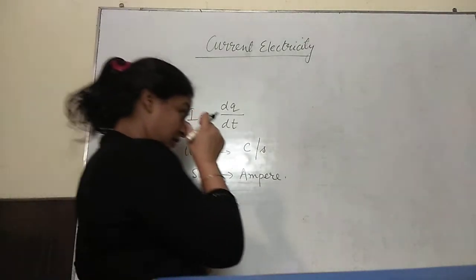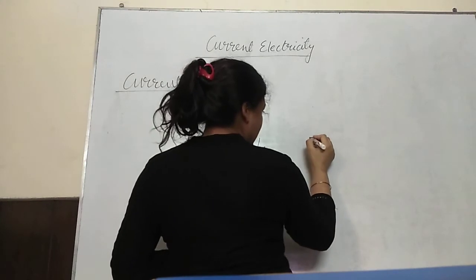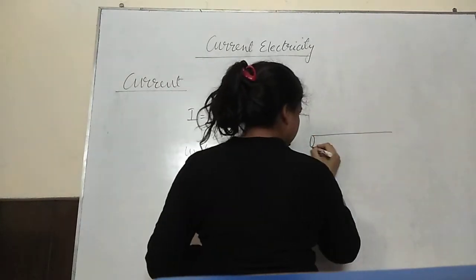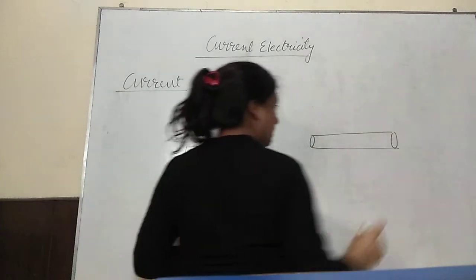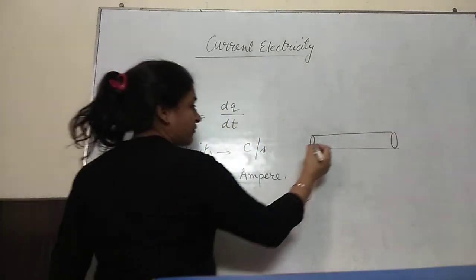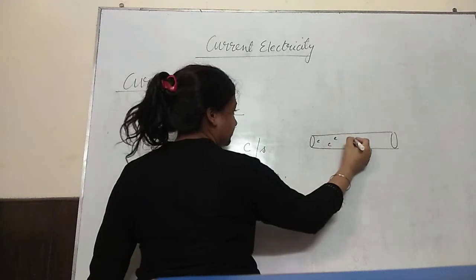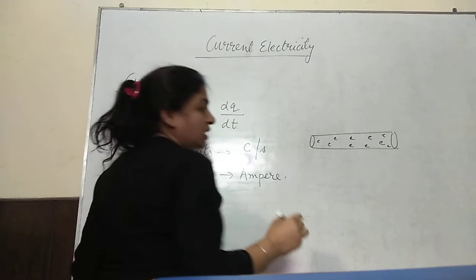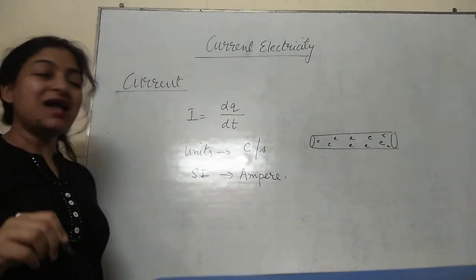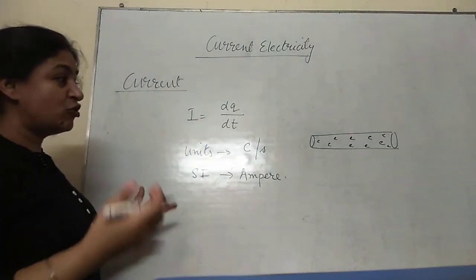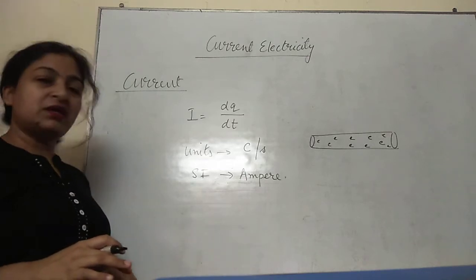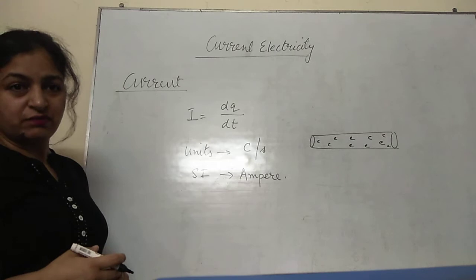Now, a general discussion about current. Let us consider we have one conductor. There are a large number of free electrons inside this conductor. If you draw them here, these are the free electrons, and even if we have not applied any potential difference, these electrons keep moving here and there, meaning they have random motion.